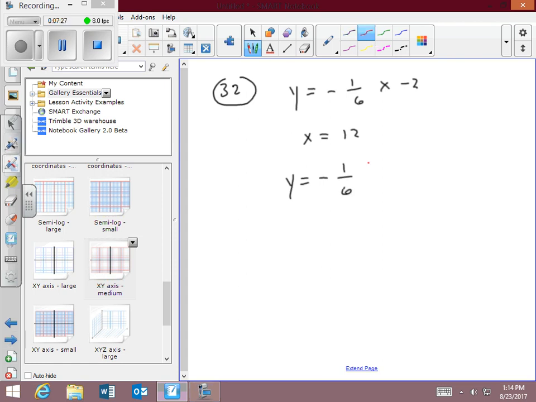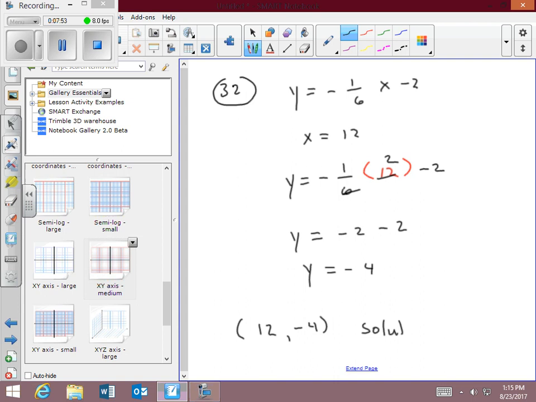And then what we do is we put 12 here for x, minus 2. So this 6 goes into the 12 twice. So the -2, minus 2, -4. So our ordered pair solution is x is 12, y is -4. And that's what they're looking for you to do.